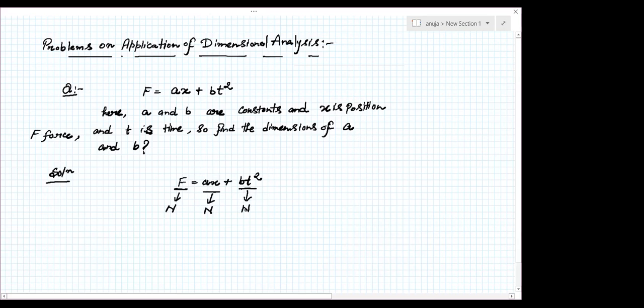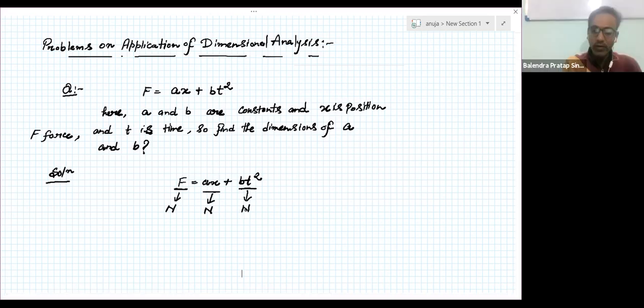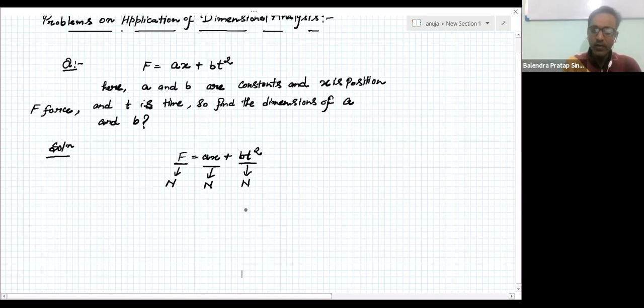Here you can easily find the dimension of A. You just have to balance: ax is equal to the dimension of F. What is the dimension of x?